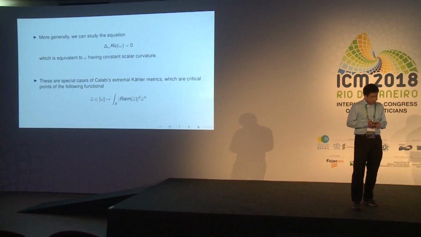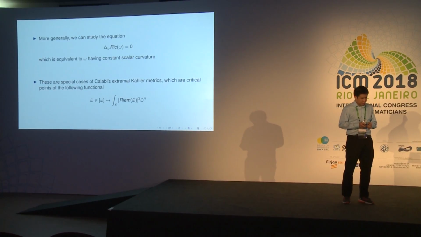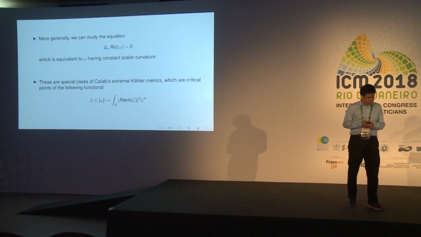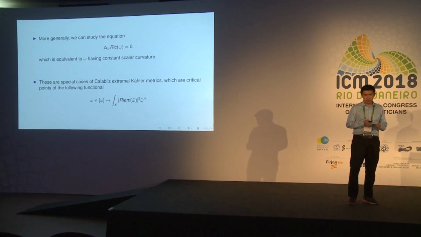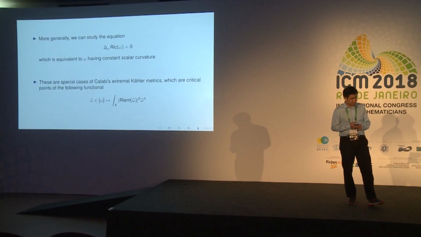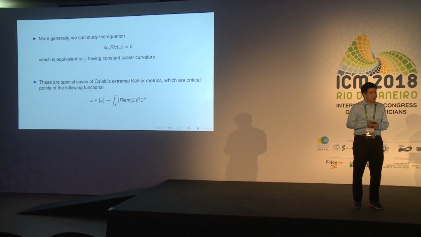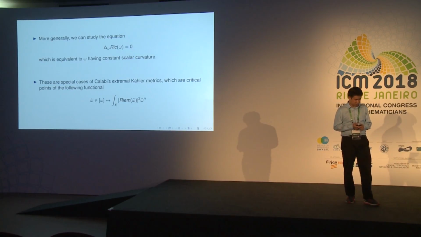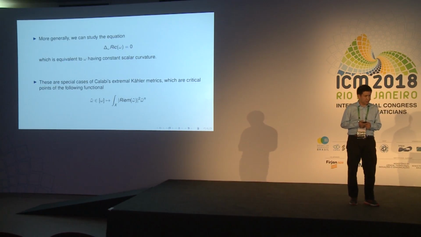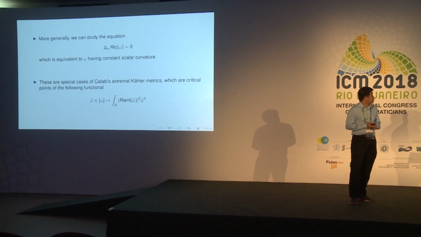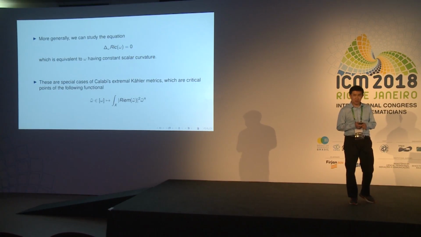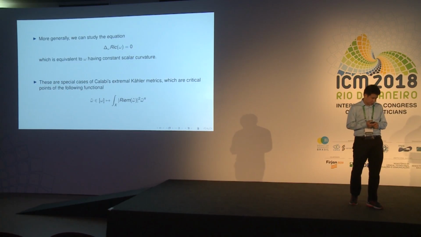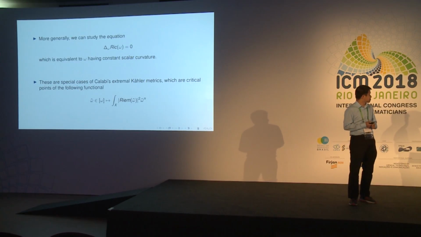So more generally, if we do not have this assumption on the first Chern class, then we can study more general equations. Instead of asking Ricci ω to be proportional to ω, you can ask Ricci ω to be harmonic with respect to the metric ω, which has a Cauchy-Laplacian operator. This is equivalent to saying that ω has constant scalar curvature. Of course, Kähler-Einstein metrics always have constant scalar curvature.